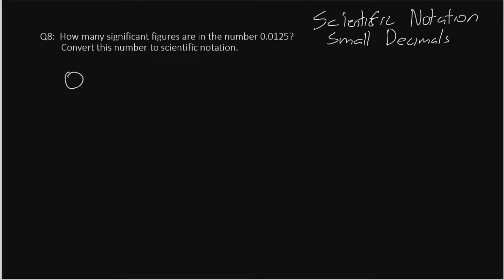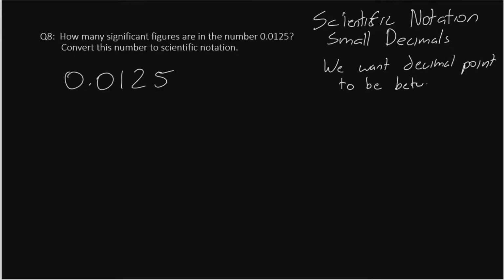Let's write the number down, and we want the decimal point to be between the first two non-zero numbers. So we're going to place our yellow marker in between the 1 and the 2. That's the first two non-zero numbers. And then count how many moves it would take to get the white over to the yellow.